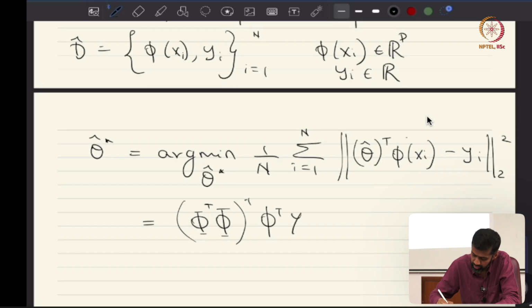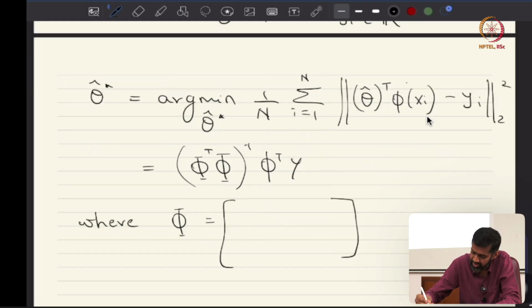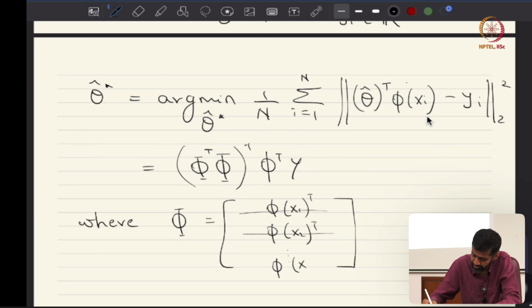where this phi matrix is, now instead of stacking x as columns, now you stack phi. This is the dth dimension.